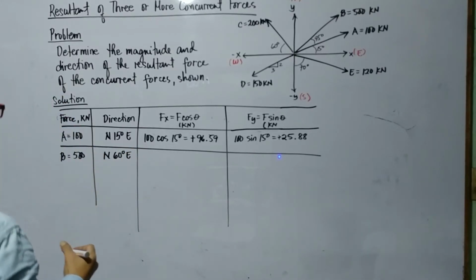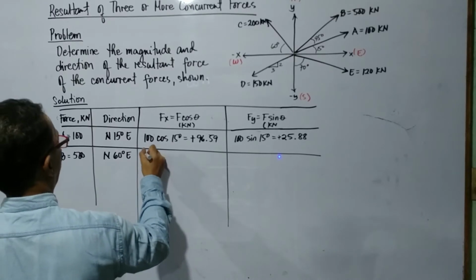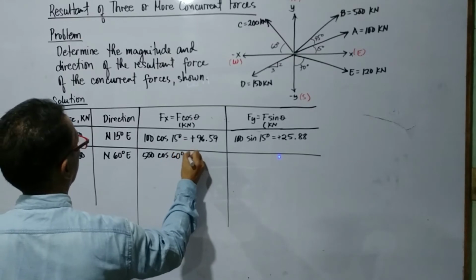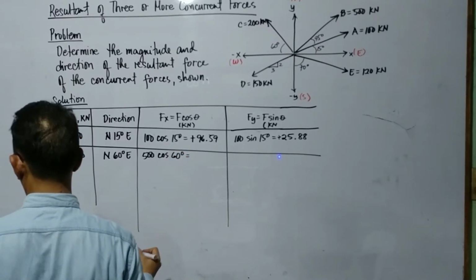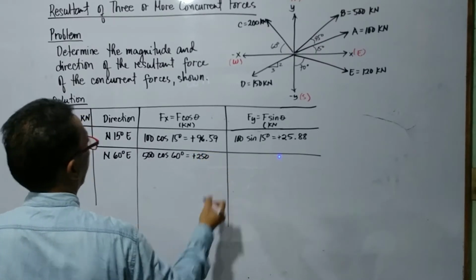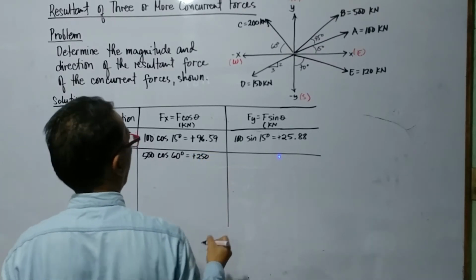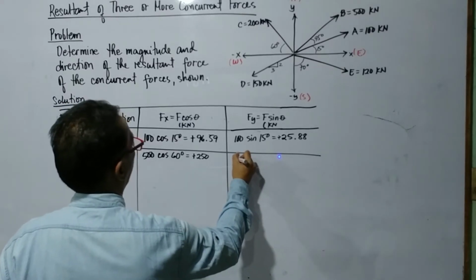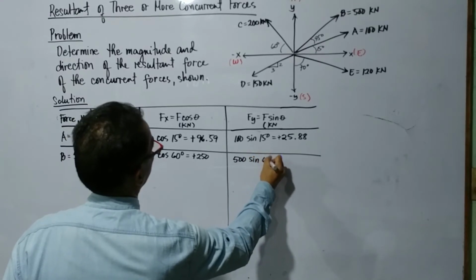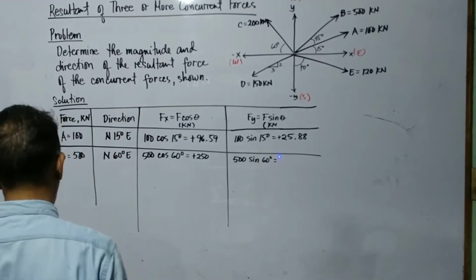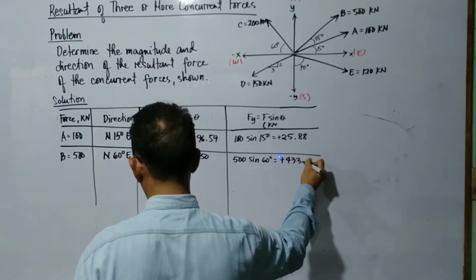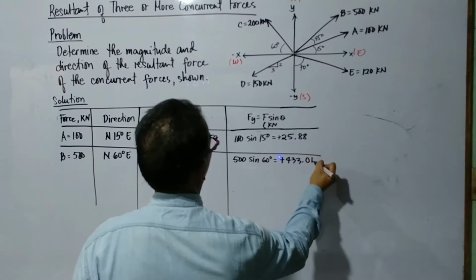So we have 500 cosine 60 degrees, or we have positive 250 kilonewton. On the other side, we have also 500 sine 60 degrees, or we have positive 433.01.